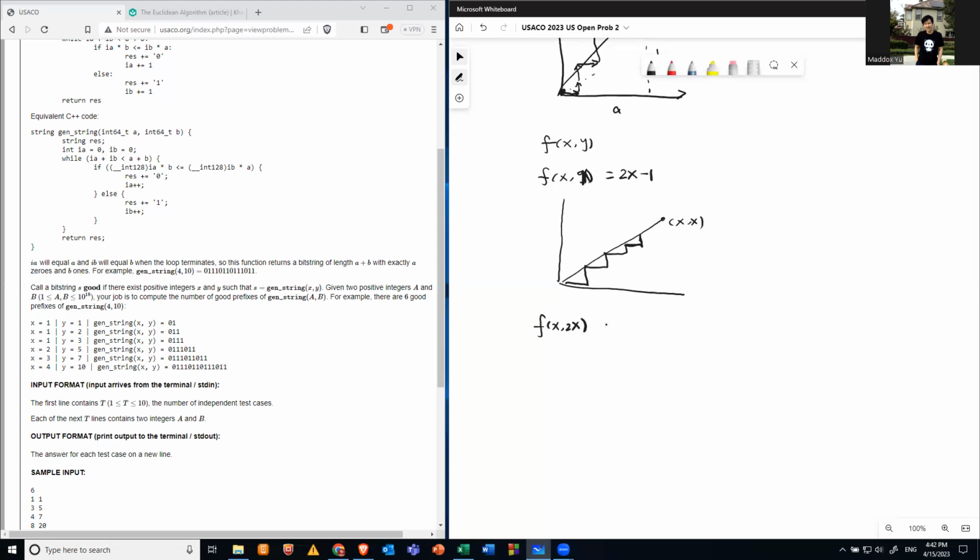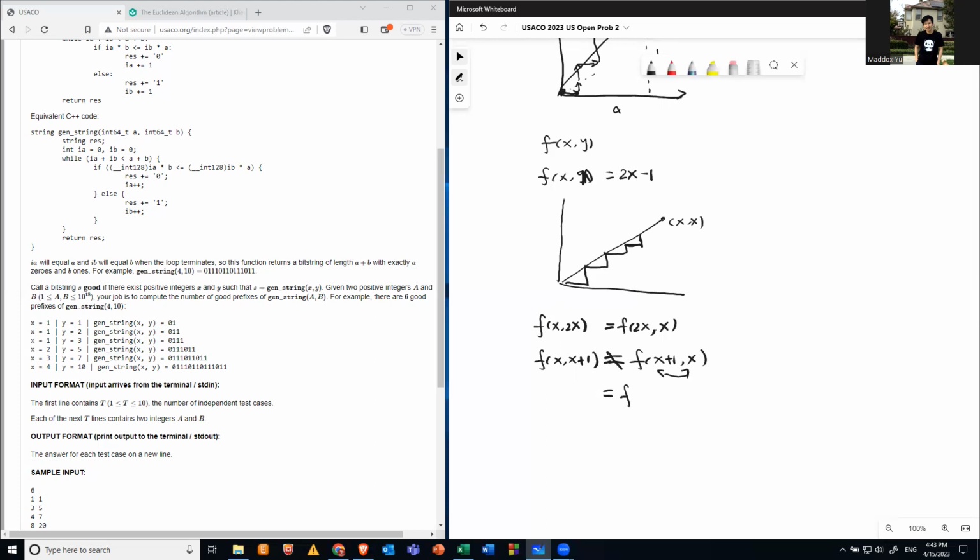Very soon you will find out f(x, 2x) equals f(2x, x). Then you look at f(x, x+1). You can find out this one actually does not equal f(x+1, x), so you cannot exchange those things.